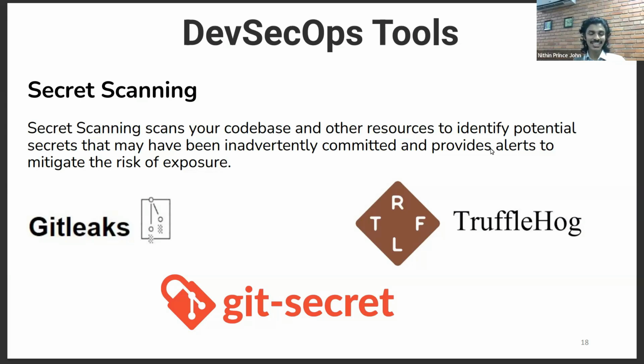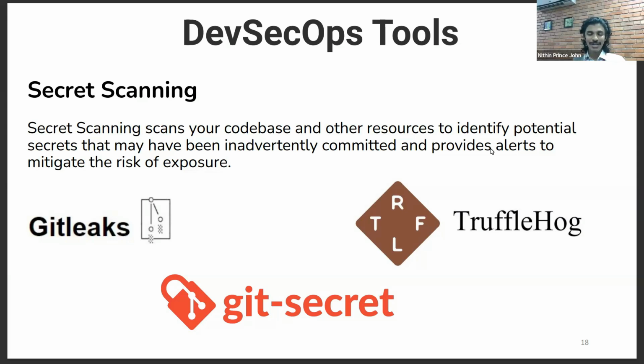The idea is that whenever the developer tries to commit code, at that time itself, Git leaks, Git secrets, or truffle hog will scan the source code, and if it contains any secret, it will prevent you from committing the code. That's why we call it pre-commit hooks. We can set up those things. And if the developer is not using these pre-commit hooks, then what happens?